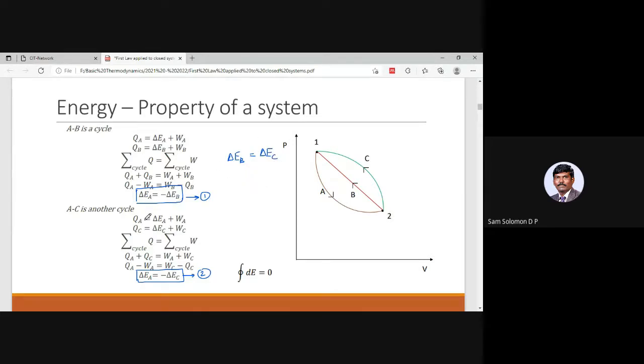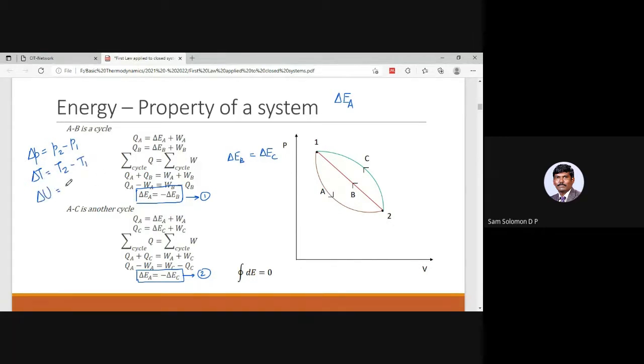You should understand something very clearly, what this delta EA is. Delta EA is nothing but the change in the energy when I take the path A. Whenever we use this word delta, say delta P, that is P2 minus P1, final pressure minus initial pressure. Delta T, T2 minus T1, final temperature minus initial temperature.